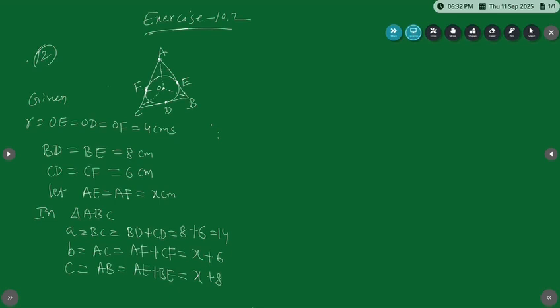Now we find the 2S value. The formula is 2S equal to a plus b plus c. So 2S equals 14 plus 6 plus X plus X plus 8.